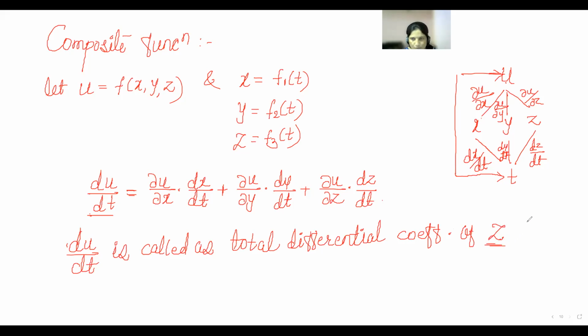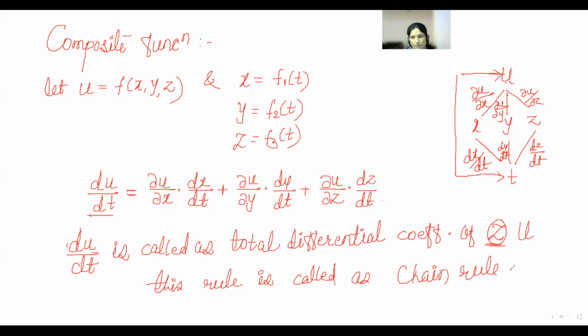Now here since it is u, we consider u, and this rule is called as, have you learned it? Which rule do we call it? Rule is called as chain. Yes, it is chain rule. It is called as a chain rule.